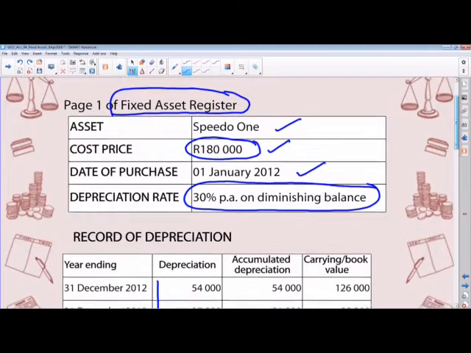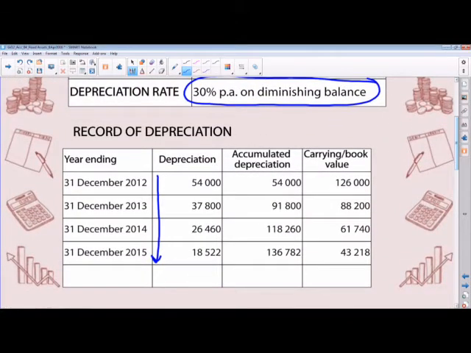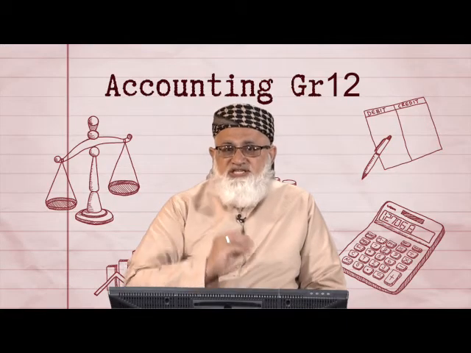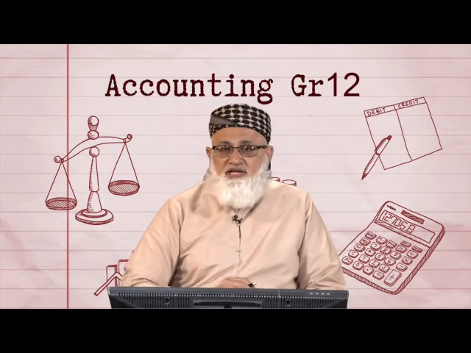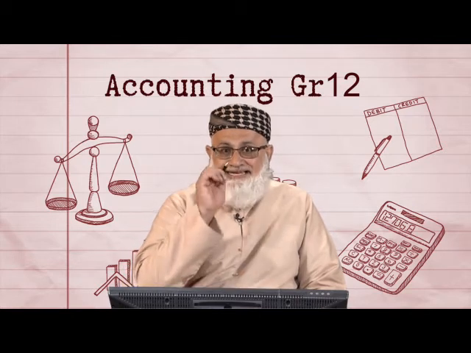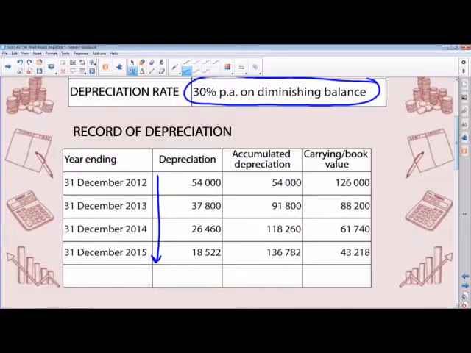And if I ask you a question now, based on the fixed assets register, how much depreciation have we written off on this asset since the time we have purchased it until the present moment? And clearly you can see that we have an accumulated depreciation of 136,782 Rand. In other words, the current value of this asset is 43,218.